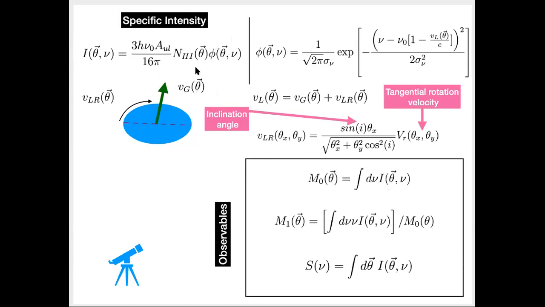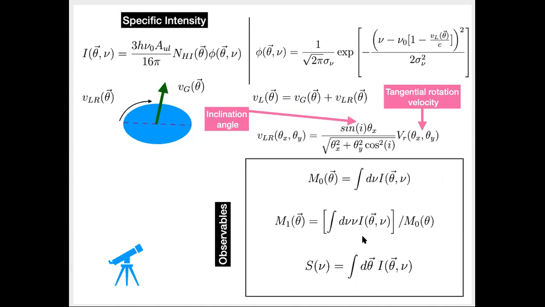So then what I will be left with is the column density multiplied by this number. This is a number which you can calculate given that you know h, nu naught, and A_UL, and those things are quite well known. So if I integrate this over the frequencies, what I get essentially is column density scaled by a known number. So I can get the column density out of it. This is called the moment zero map of the galaxy. And we'll look at the moment zero map of a real galaxy today. So this gives you the column density.